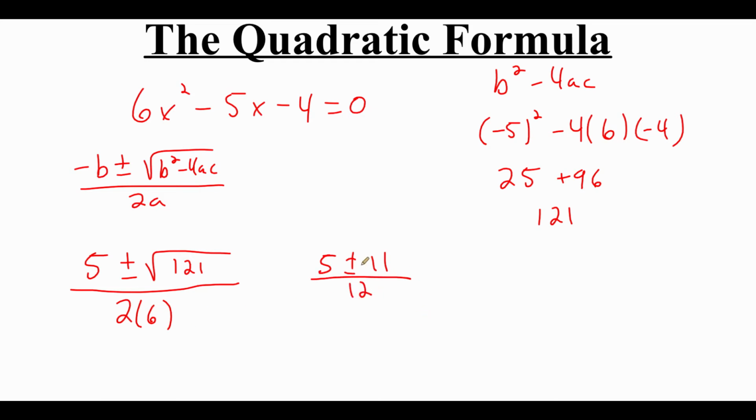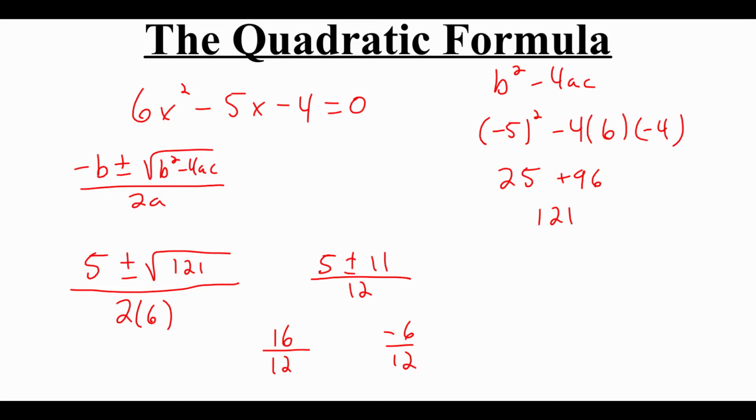You have to be a little bit careful because there are going to be two answers because of the plus and the minus. The first thing I'm going to do is take 5 plus 11, which is 16, over the 12. Then I'm going to take 5 minus 11, which is negative 6, and put that over the 12.